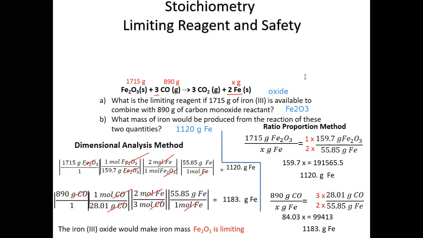So again, for limiting reagent, we look at the quantities of the 2 available reactants that we have. We take those quantities and create a product quantity out of them, in this case, iron. And that will allow us to make a choice by knowing which one produces less.